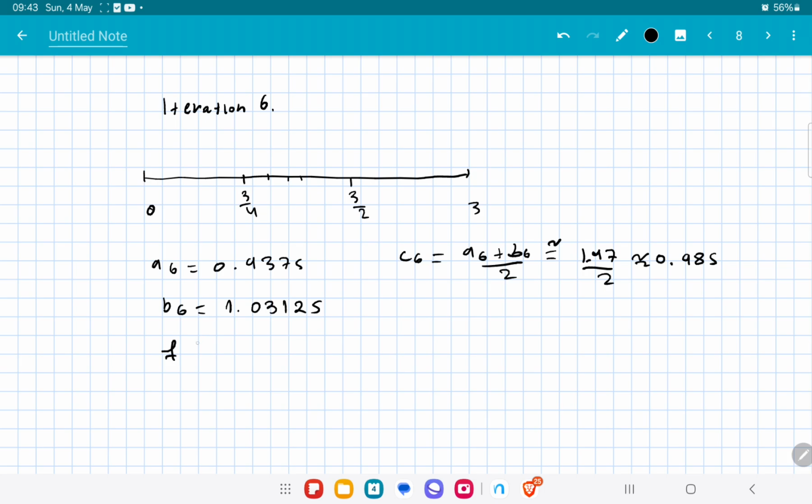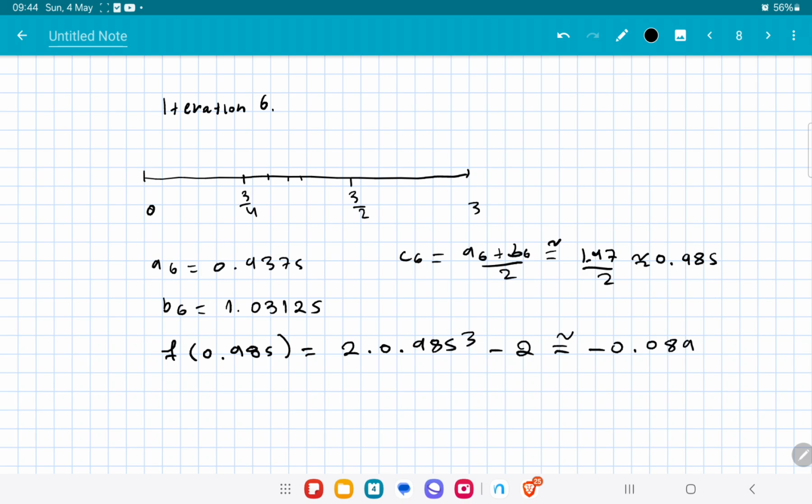I evaluate at this c6, so it's going to be 2 times 0.985^3 - 2, and this is roughly -0.089.